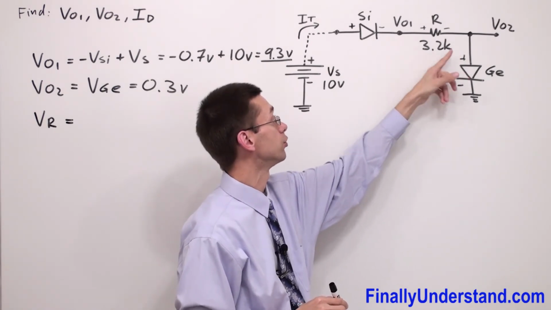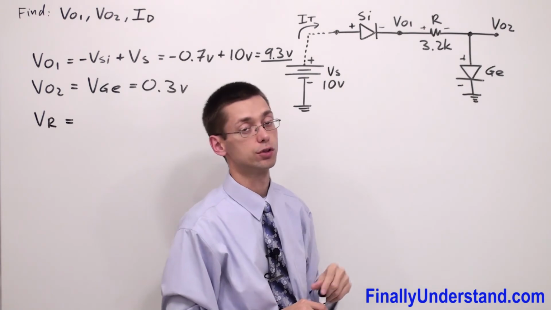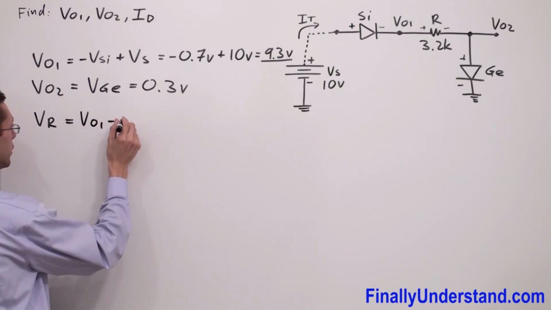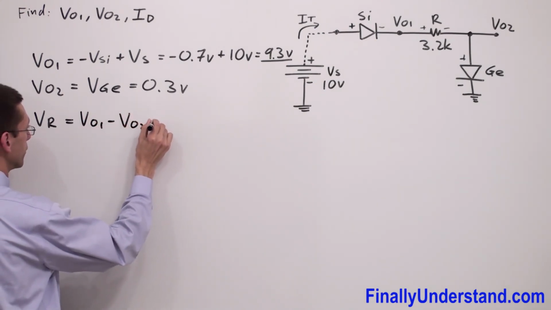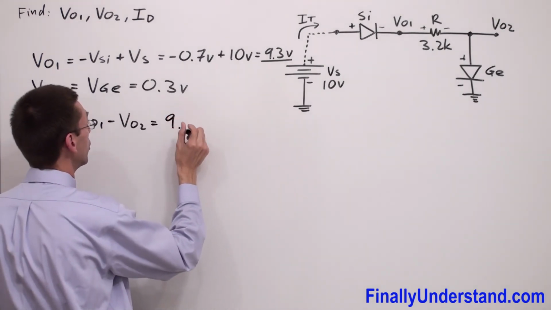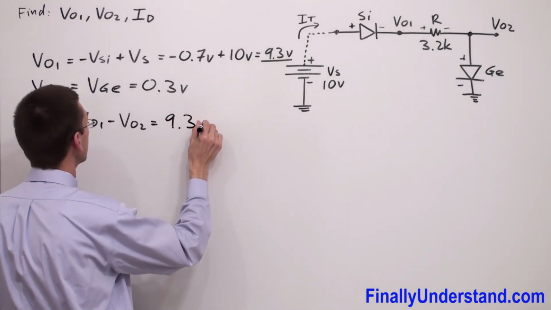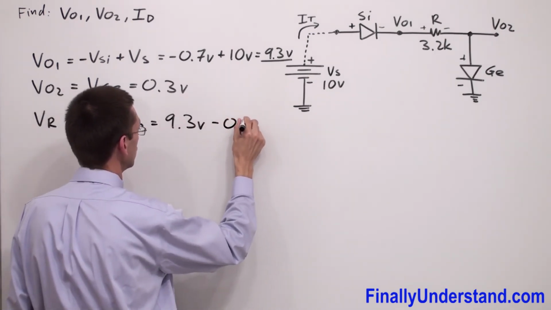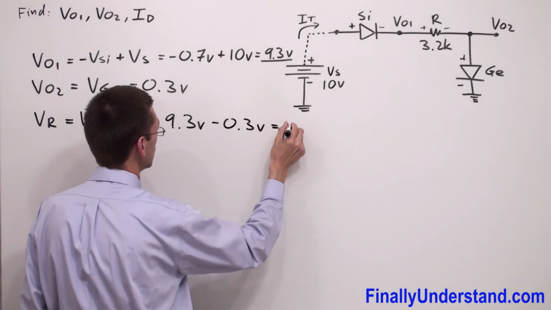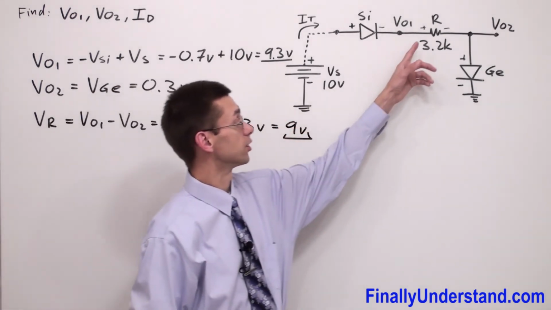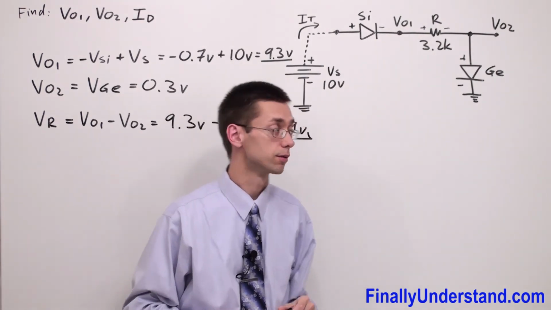The difference of these two voltages is going to give me the voltage across the resistor. So I have Vout1 minus Vout2, where Vout1 we found is equal to 9.3 volts, and Vout2 is equal to 0.3 volts, minus 0.3 volts. Everything is equal to 9 volts. It means that the voltage across the resistor is equal to 9 volts.